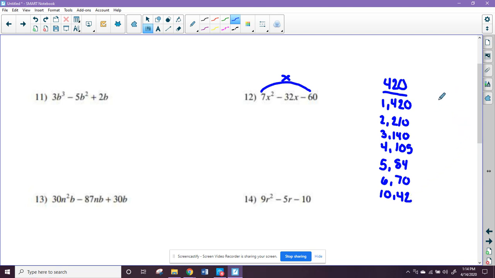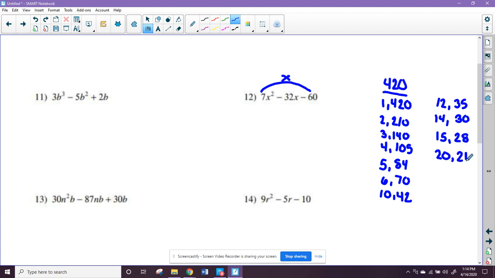And then 12 and 35. 14 and 30. 15 and 28. And then our last factor, 20 times 21.